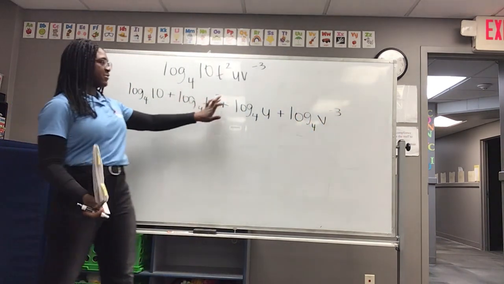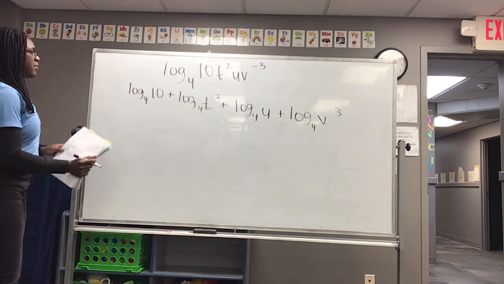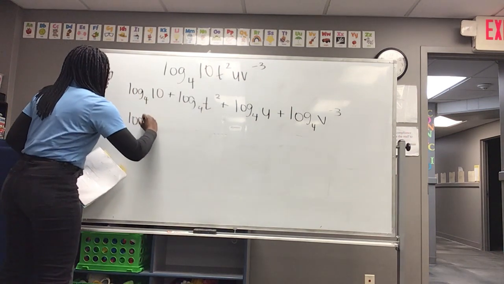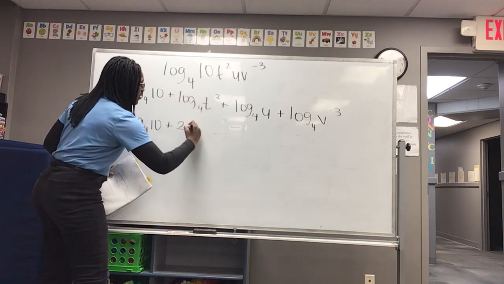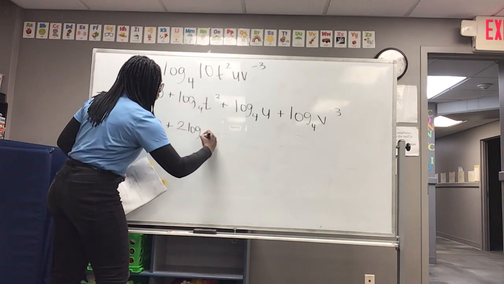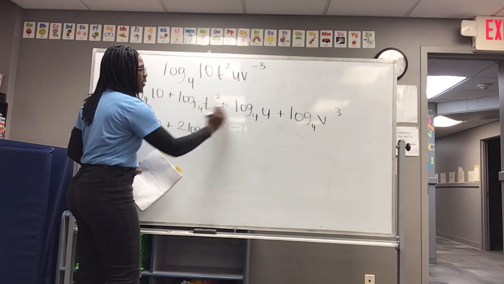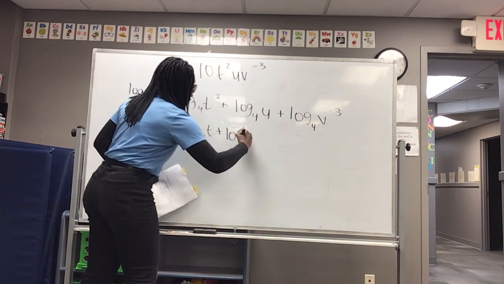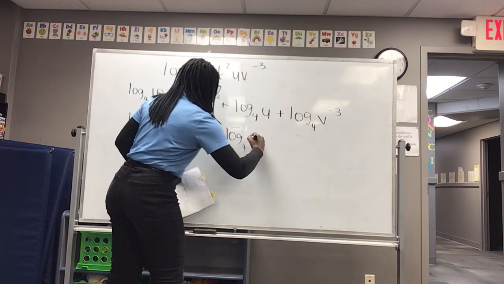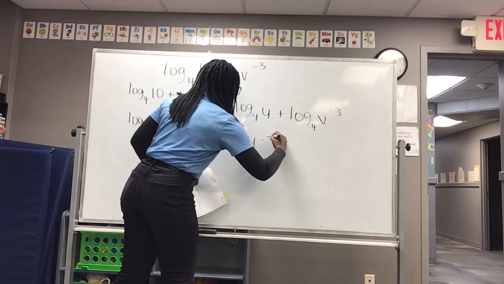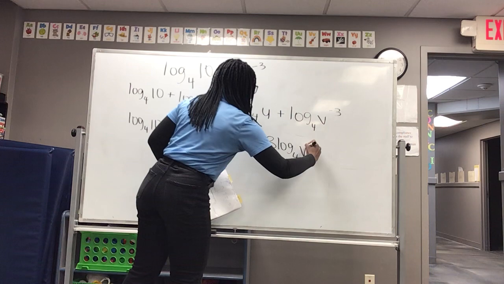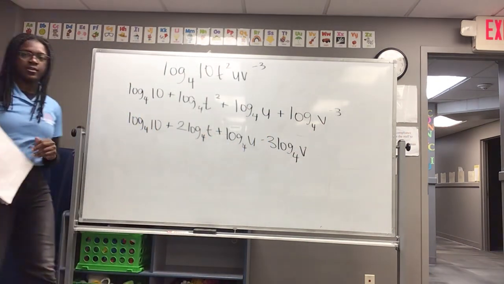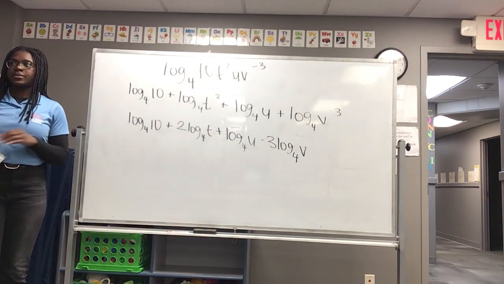We still got exponents that we can bring to the front, so I'm going to do that in my last step. Log base 4 of 10 plus 2 log base 4 of t plus log base 4 of u, and then minus 3 log base 4 of v. Okay, did everyone see how we got there?